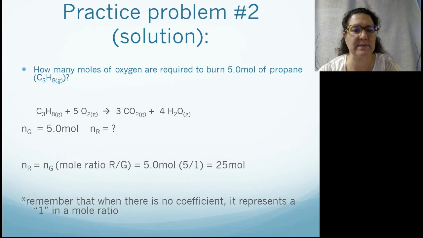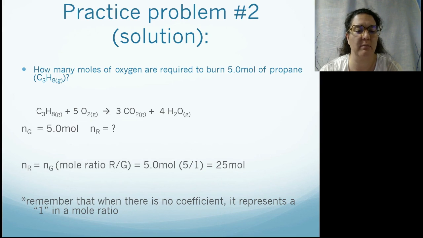So for our next practice problem, we're going to look at how many moles of oxygen are required to burn 5 moles of propane. Now we're given the balanced equation, and so 1 mole of propane is burned for each 5 moles of oxygen that are present. And so we are also given, our moles given is 5. And so we need to find our moles required.